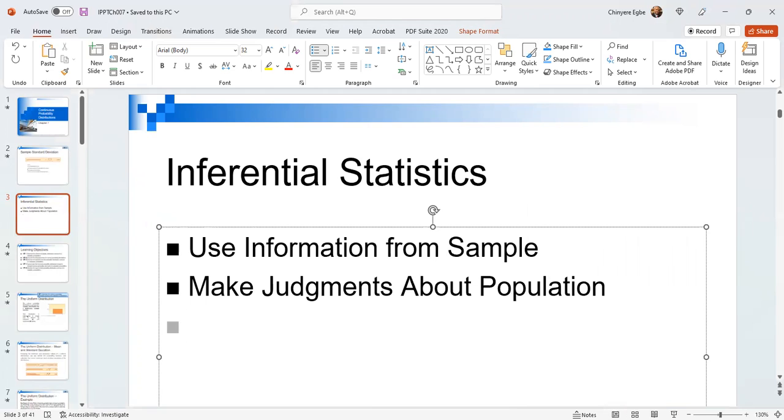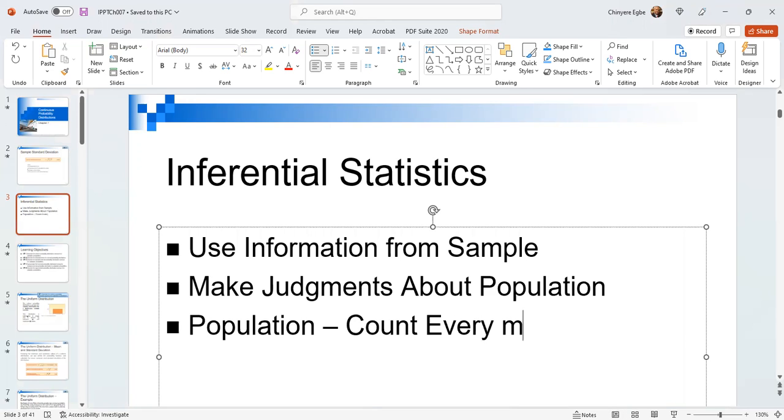Population is when you count every member of the group. Okay? When you take the data from every member, suppose you talk about the population average age.